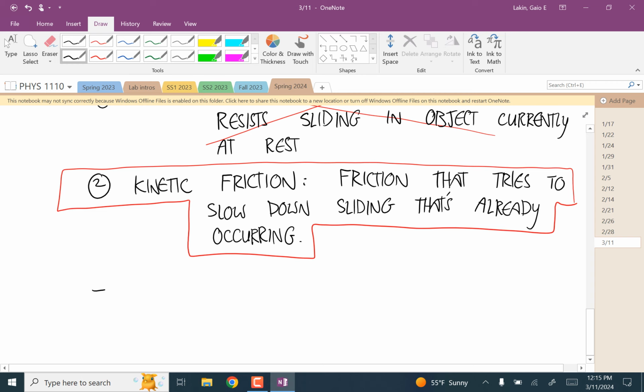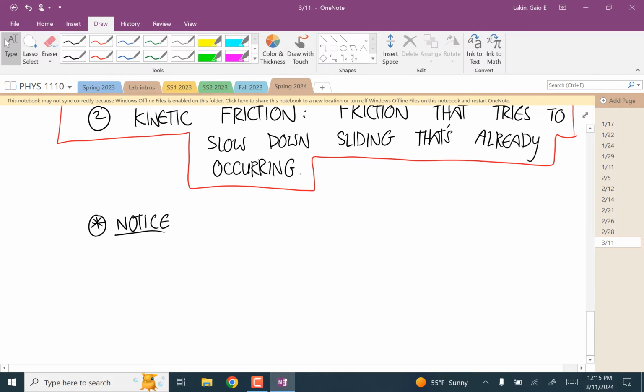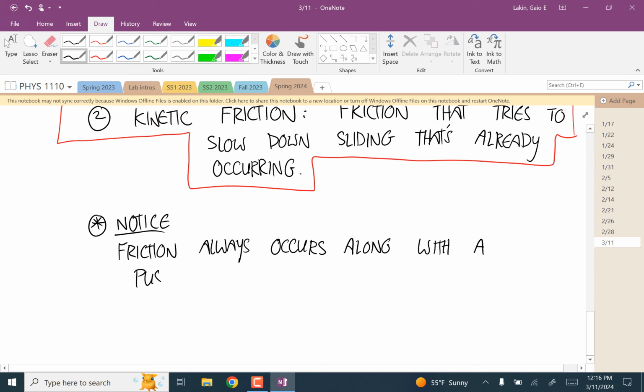And one thing that you want to remember, so notice, friction always occurs along with a pushing normal force that pushes the objects together.